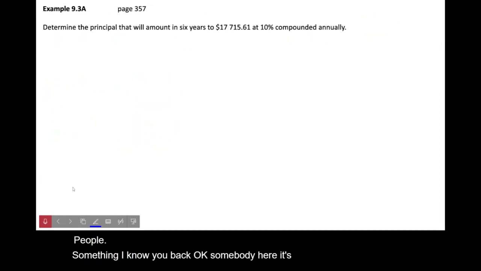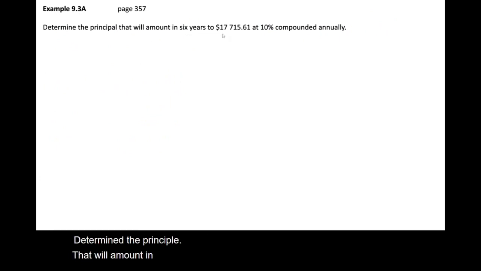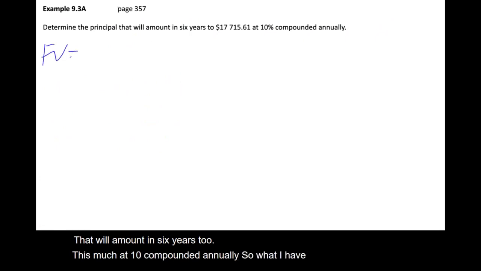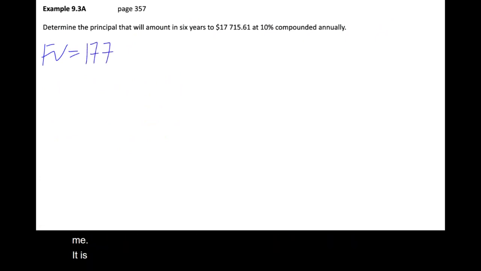So let's practice. Determine the principal that will amount in 6 years to this much at 10% compounded annually. So I have the future value given to me. It is $17,715.61. Does everyone know why it is future value?